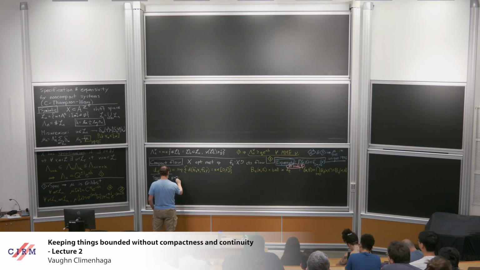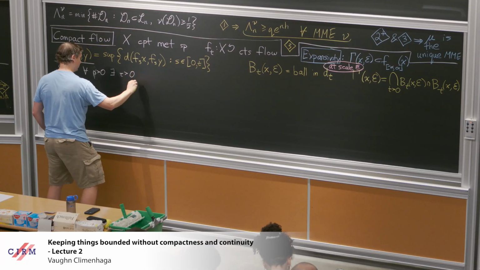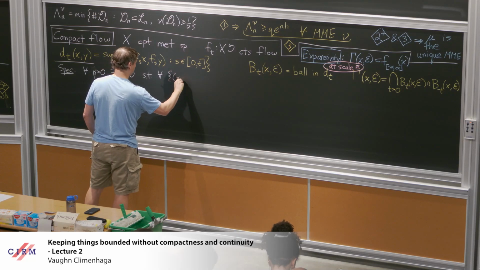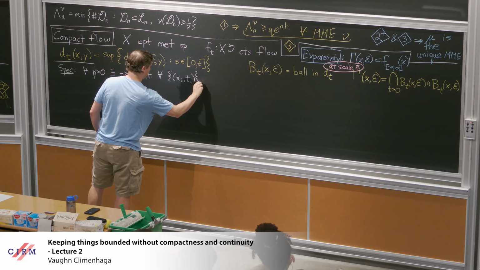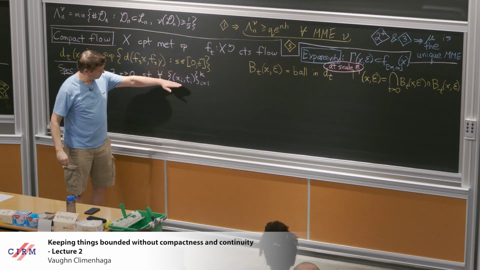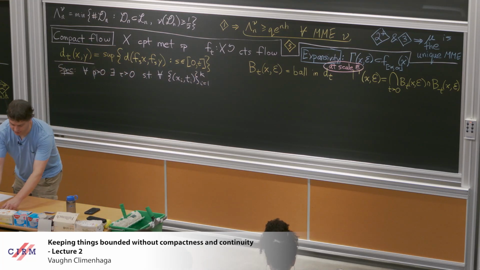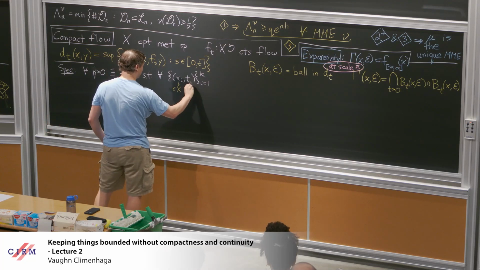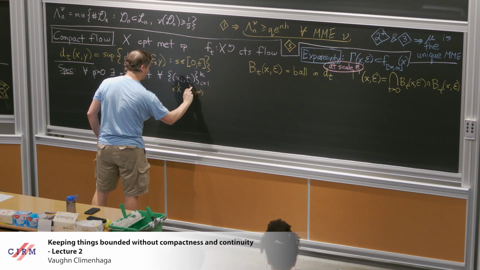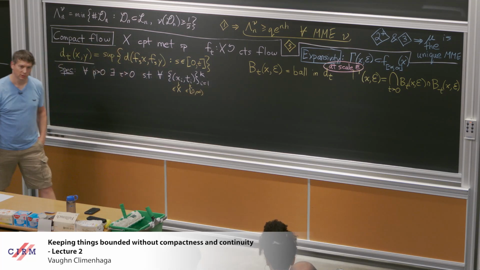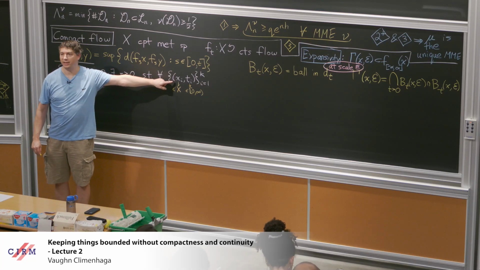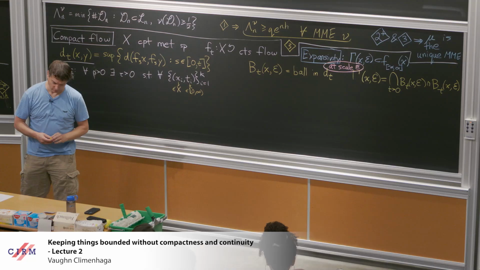For every rho greater than 0, there exists a tau greater than 0, such that if I choose any sequence like this, so here, xi is an element of the space, and ti is a time. And I want to think of this pair as representing an orbit segment. It represents the orbit segment that starts at xi and moves for length ti.